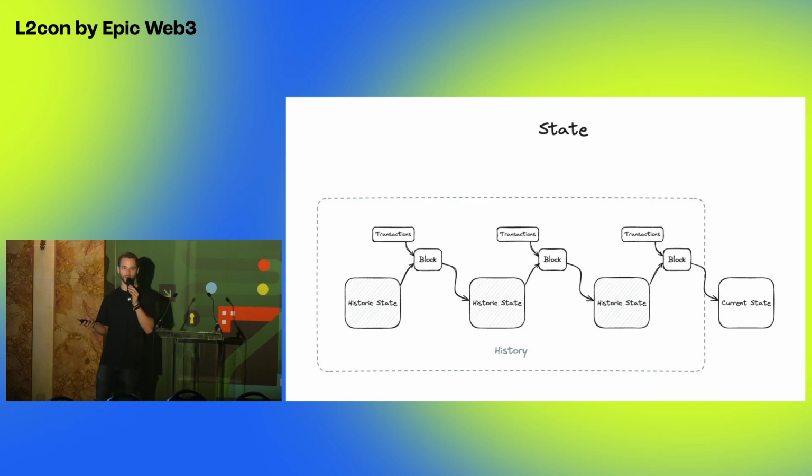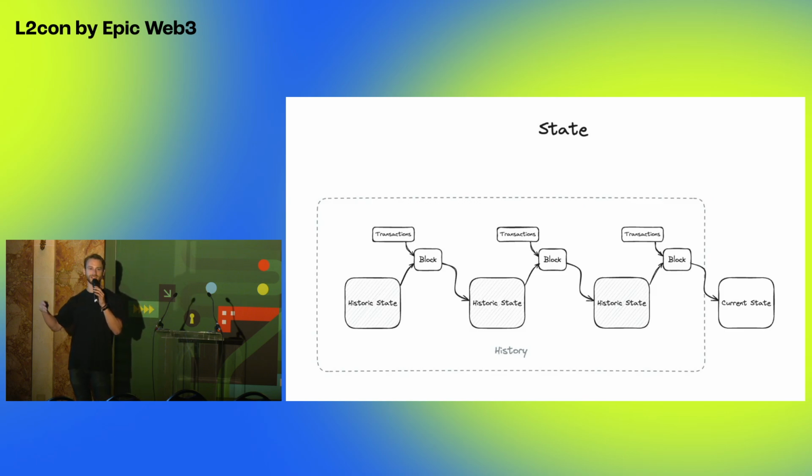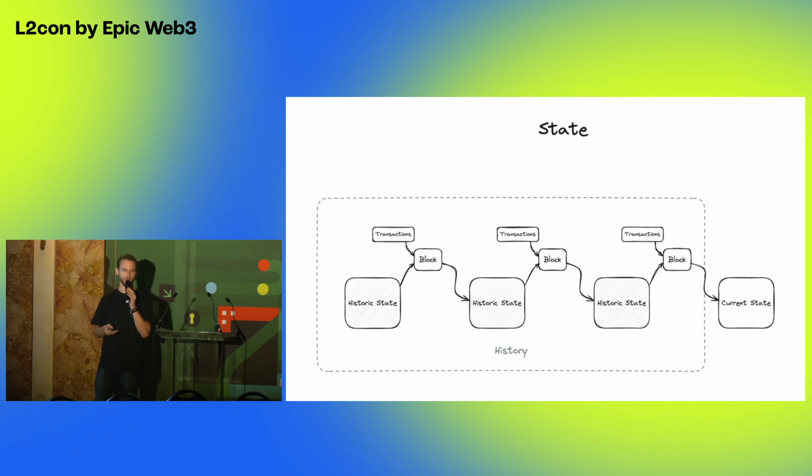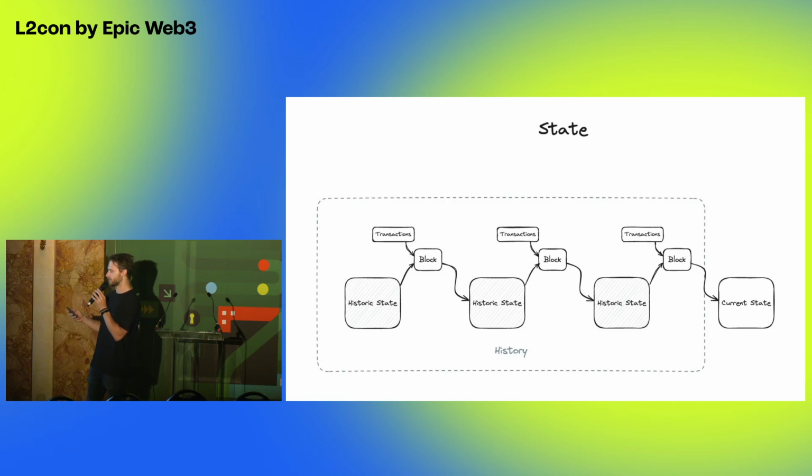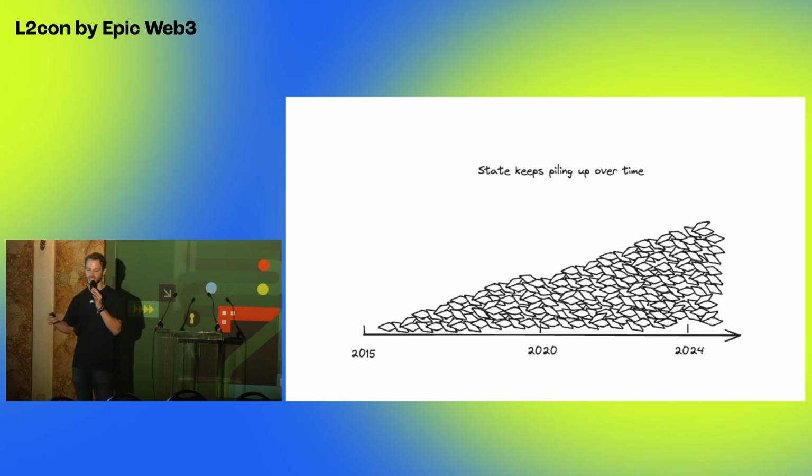EIP-4844 on Ethereum is now discarding historic transactions after a few weeks, not from being part of Ethereum consensus. There's a proposal, I think it's EIP-4444, which will also start pruning the Ethereum history after, I think, a year. So all this stuff we can throw away. It's not that big of a constraint, but the state is. And this state just keeps piling up.